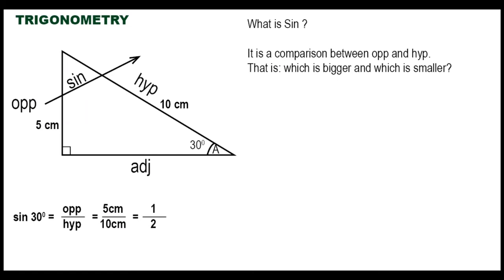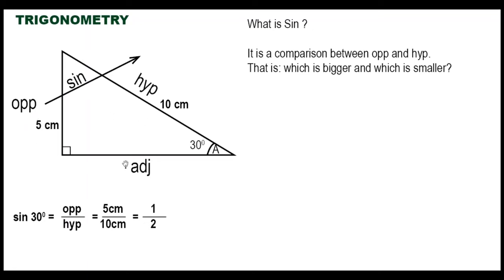What is sine? It is a comparison between opposite and hypotenuse, that is, which is bigger and which is smaller. The important factor is, from the viewpoint of hypotenuse, whether the opposite is bigger or equal or smaller than the hypotenuse.